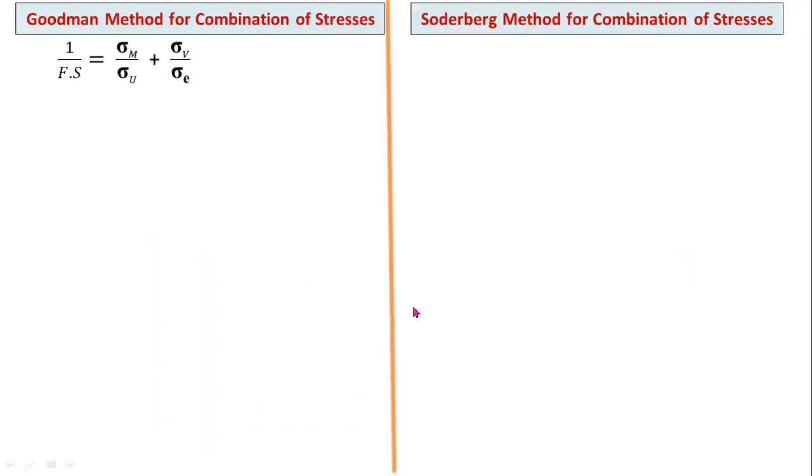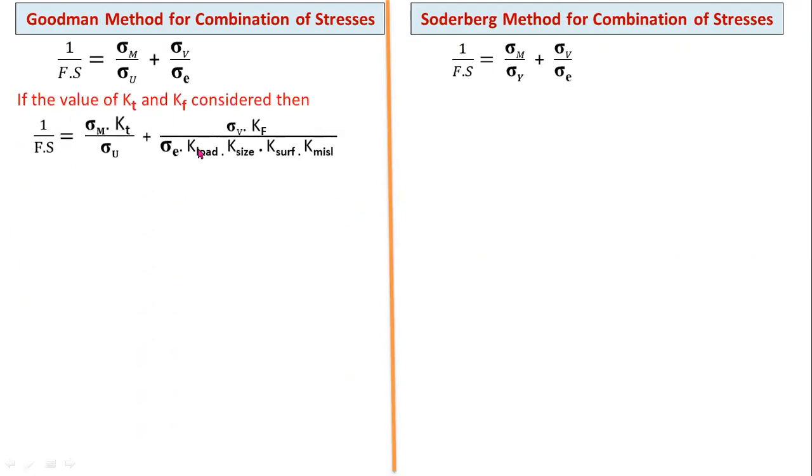Now these are the important formulas used in our second unit. This is Goodman's equation. If you are considering the theoretical stress concentration factor and fatigue stress concentration factor, then you have to multiply KT and KF values.